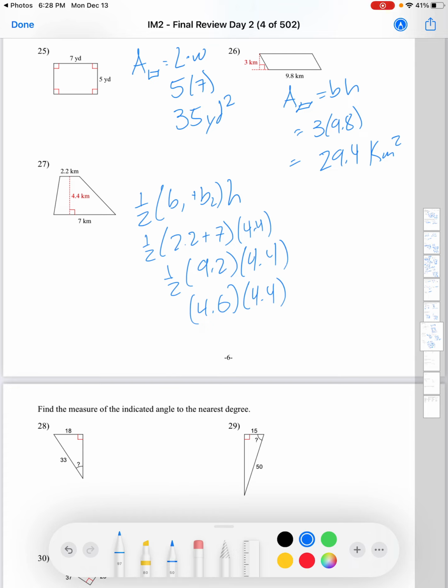And I'm going to do it on my phone. 4.6 times 4.4, 20.24. Okay. 20.24 kilometers squared.